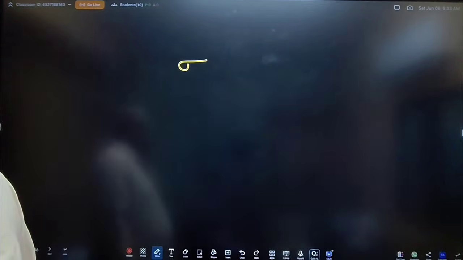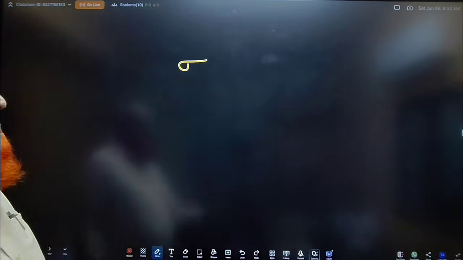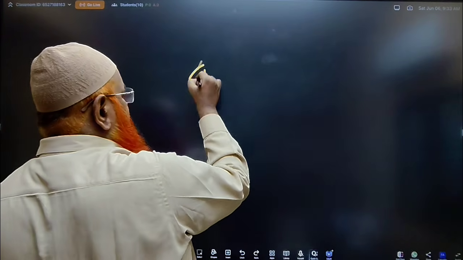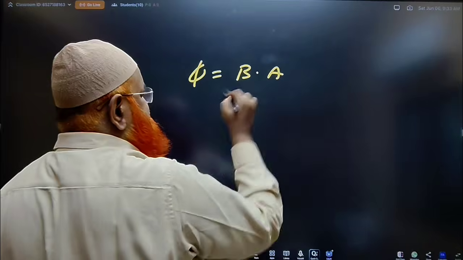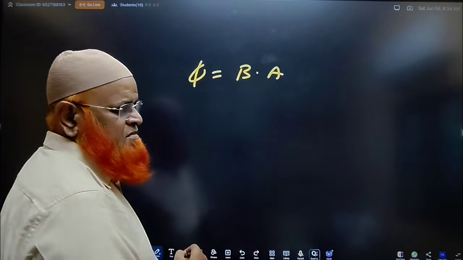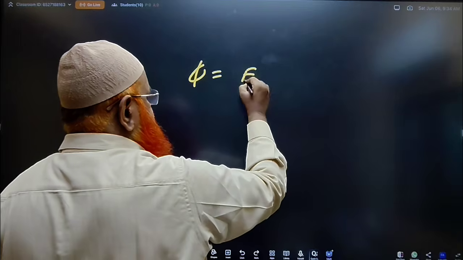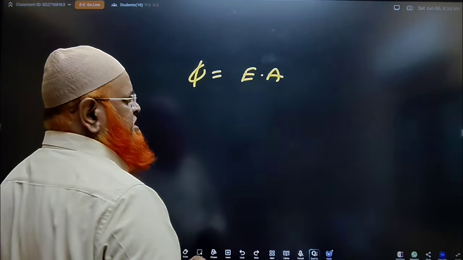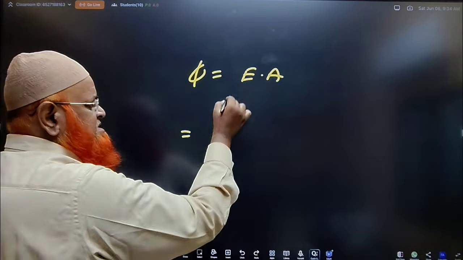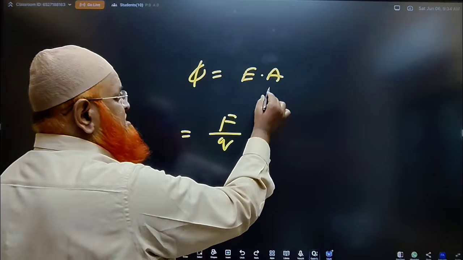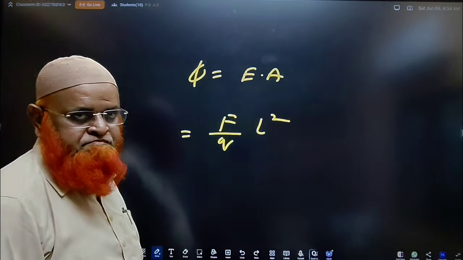Electric flux. See, electric flux is nothing but E dot A. Magnetic flux is B dot A. E is nothing but force acting on unit charge, and A is nothing but L².